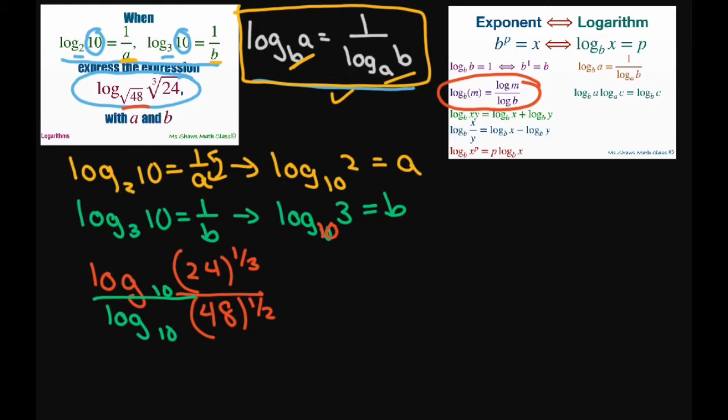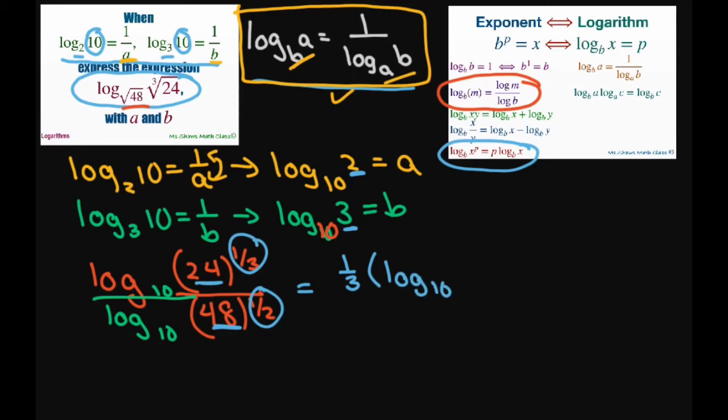The next thing I'm going to do is use my power property given here. Move these powers in front, and also simplify this with prime numbers. Basically we have 2s and 3s here. So I'm going to write 1/3 times log base 10 of, and now I'm going to break up my 24 as 2 cubed times 3.